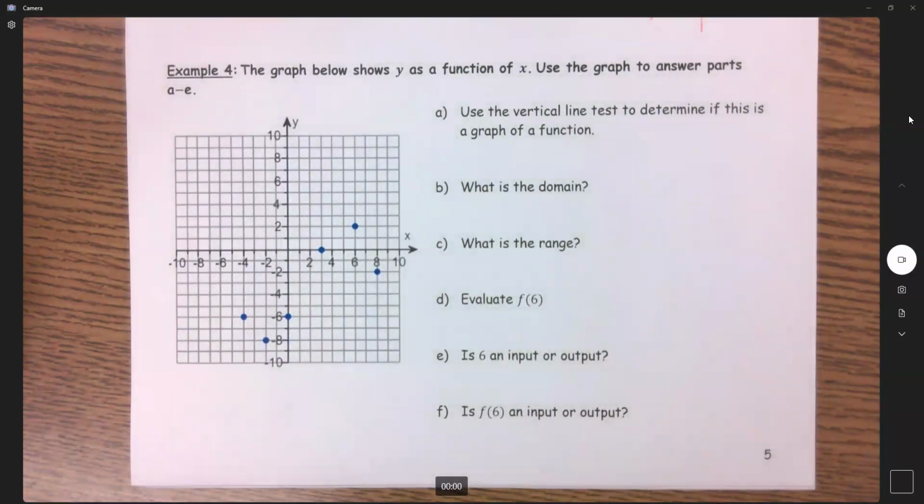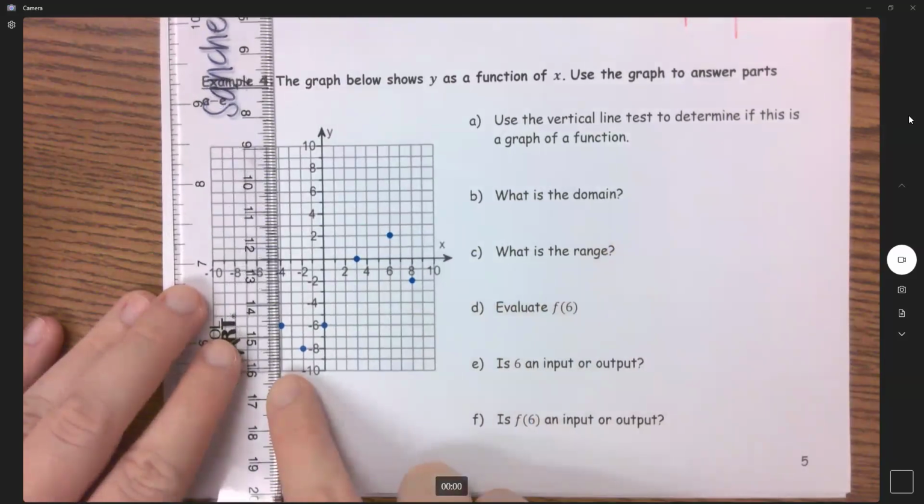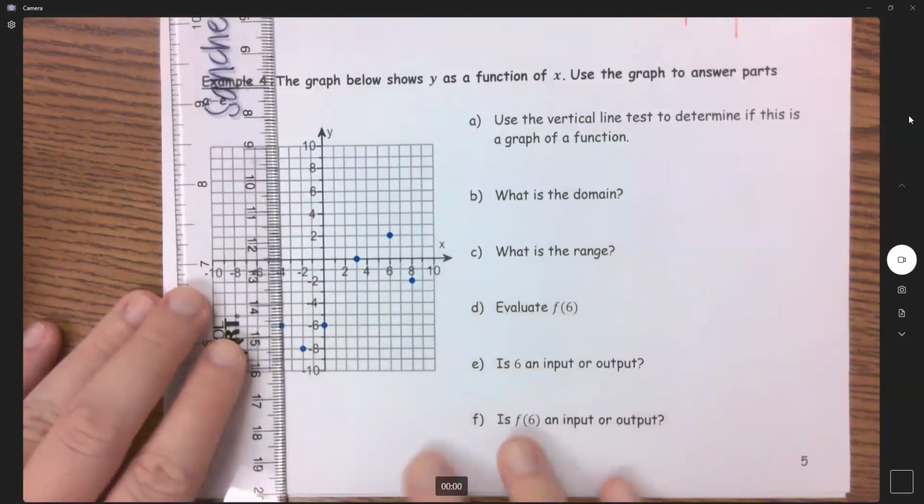So example 4. The graph below shows y as a function of x. Use the graph to answer parts A through E. So first, use the vertical line test to determine if this is a graph of a function. I'm not going to put vertical lines in this, but if I put a vertical line through this point, it only intersects that 1 point.